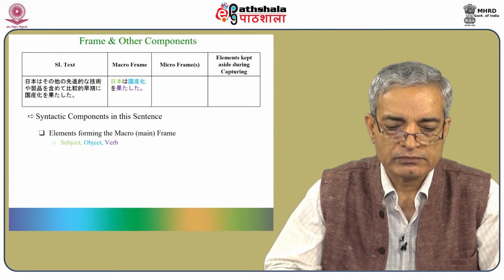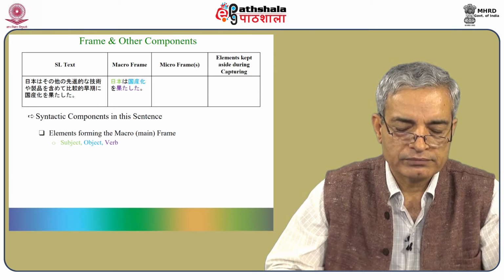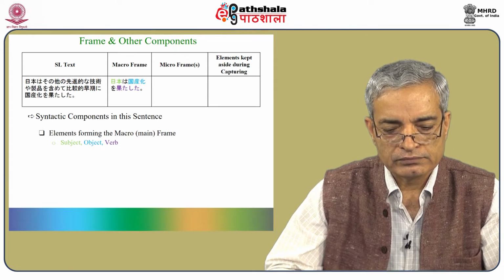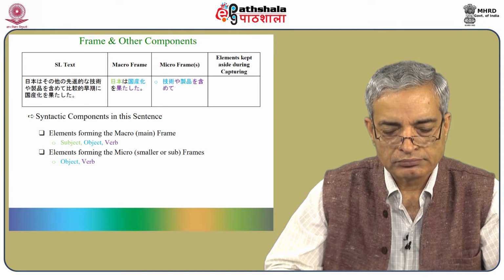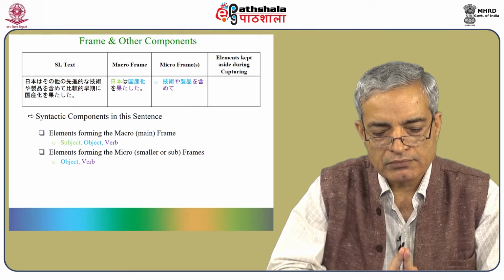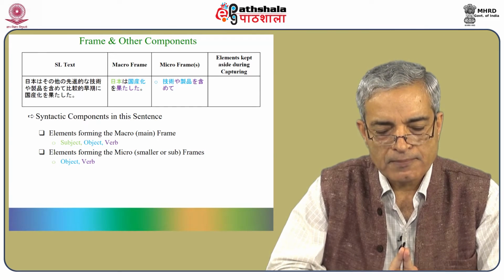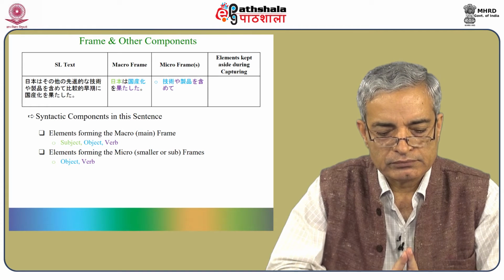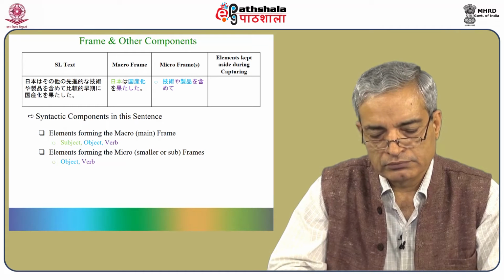The macro frame is the main frame of this sentence, and in this sentence it is 日本は国産化を果たした。Whereas the micro frames are the smaller frames apart from the macro frame which are present in the sentence, and in this case it is 技術や製品を含めて. That is one micro frame which we can see in this sentence.